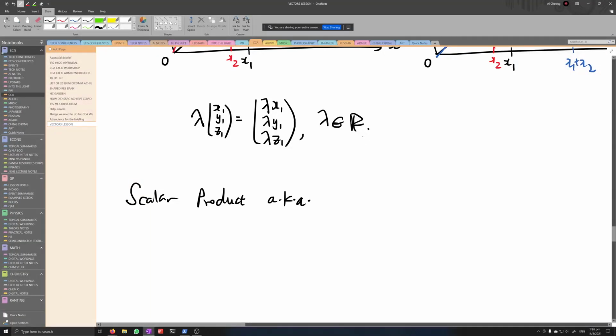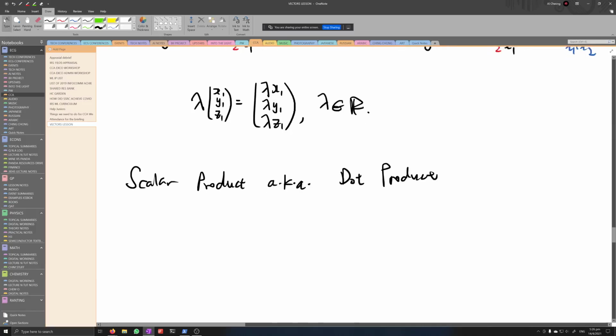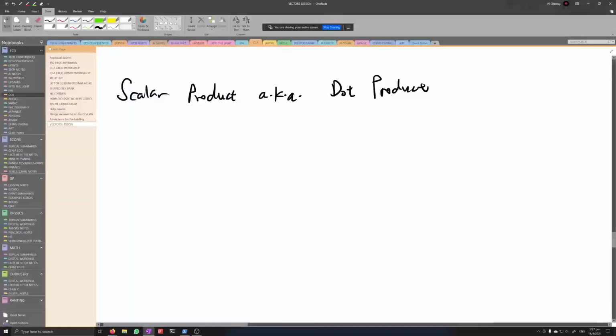I'm not going to go through that today because in ML you usually don't use that form of product. So usually only use scalar product in ML equations. That's why I'm only going to teach that here. Scalar product, also known as dot product.